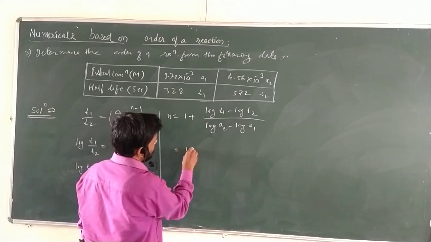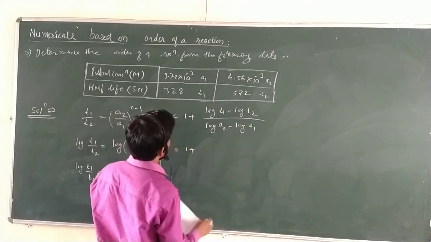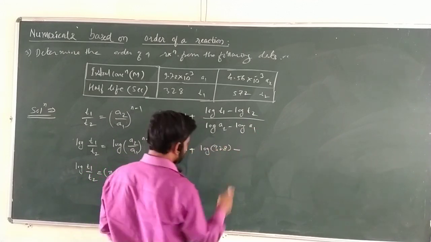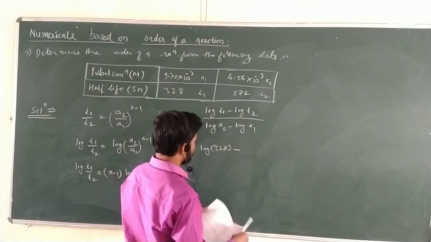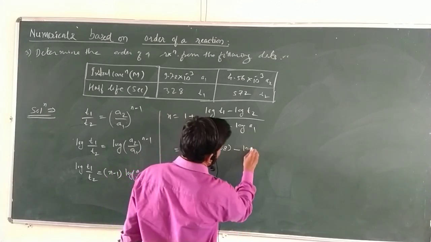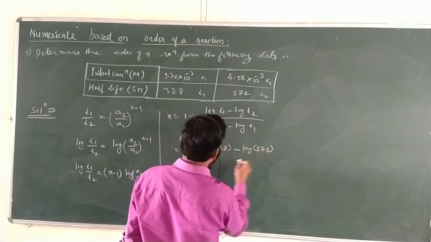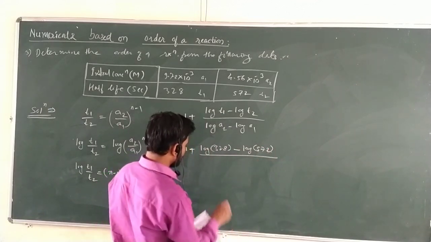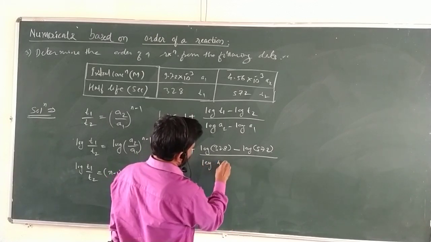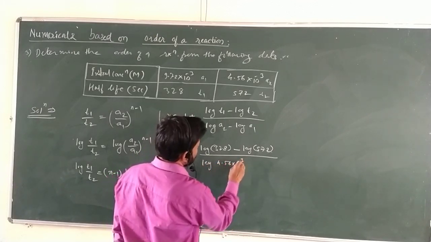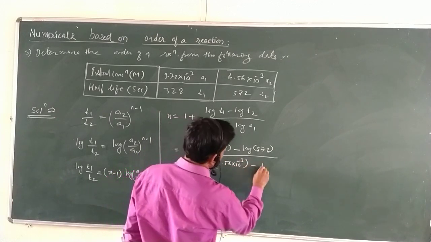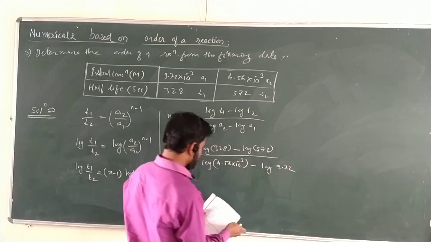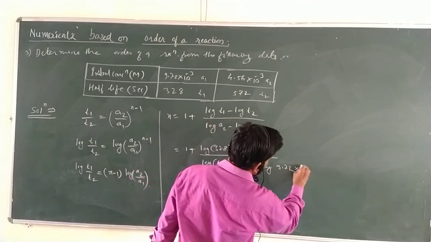Now substitute the values. 1 plus, T1 is log of 328 minus log of T2, which is 572, divided by, A2 is 4.56 into 10 raised to minus 3, minus log of 9.72 into 10 raised to minus 3.